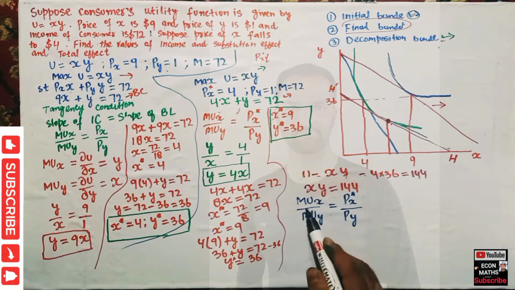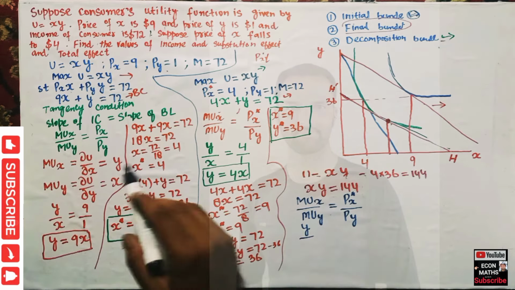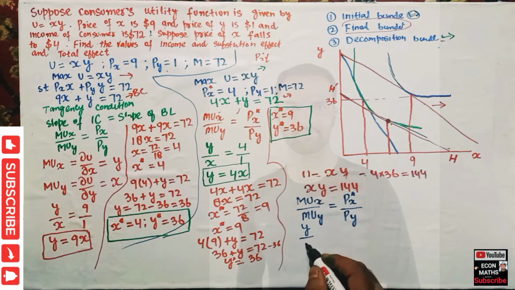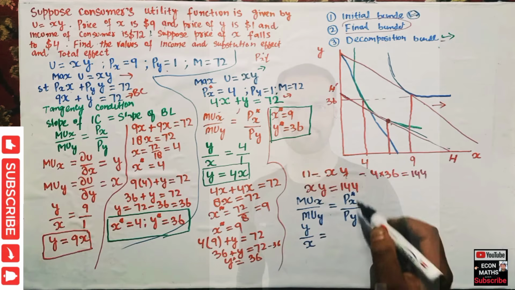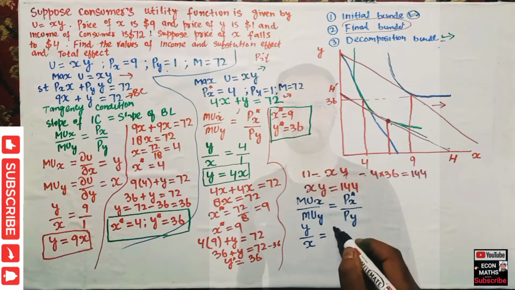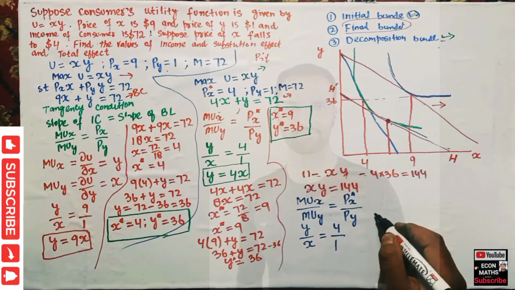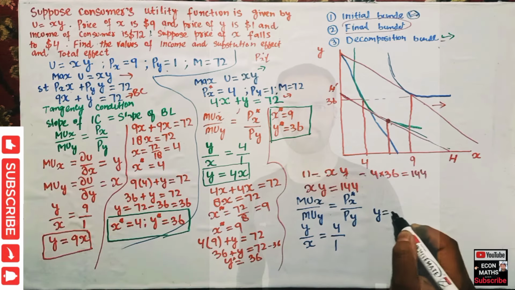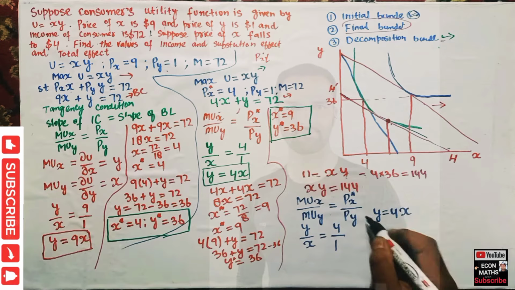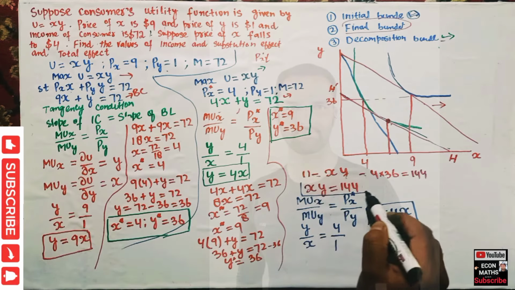The marginal utility of x that we have calculated comes out to be y, and the marginal utility of y came out to be x, which should be equal to price of x, that is 4, upon price of y, that is 1. If we solve, this comes out to be y = 4x. We need to solve this equation and the previous one.